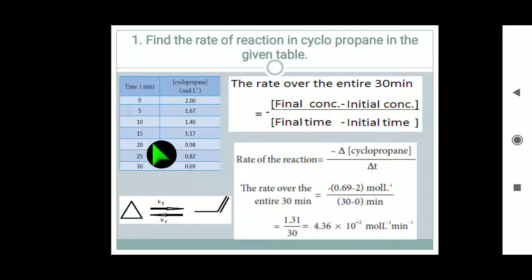But suppose the concentration decreasing between 2 minutes or 3 minutes interval. So any time, if you want to find the concentration of cyclopropane, that is called instantaneous rate.